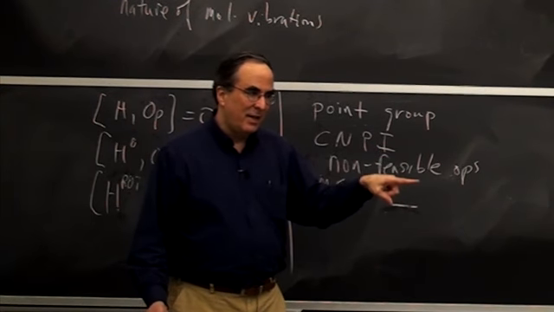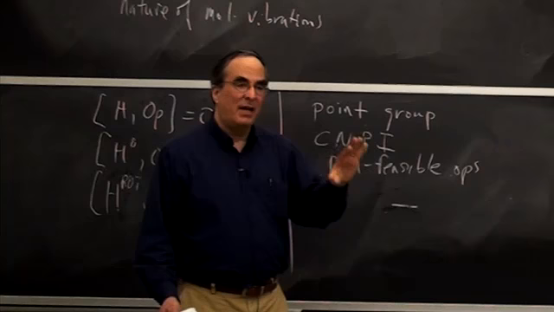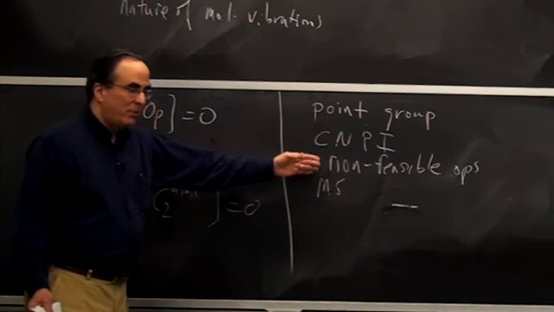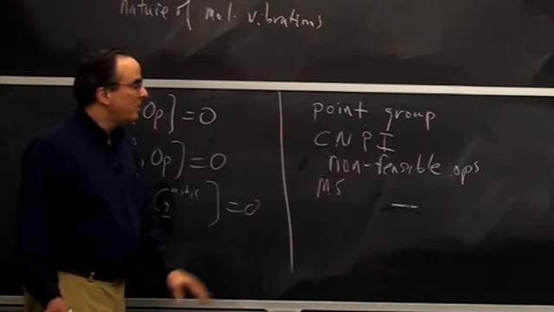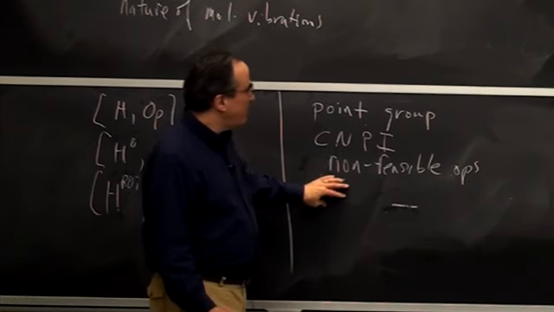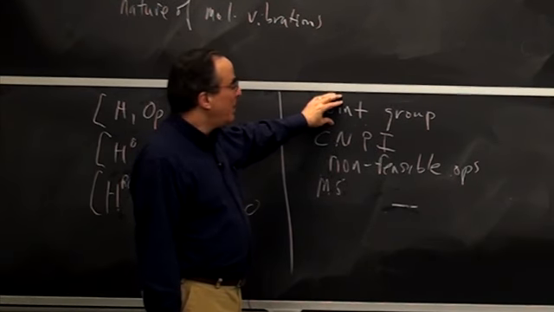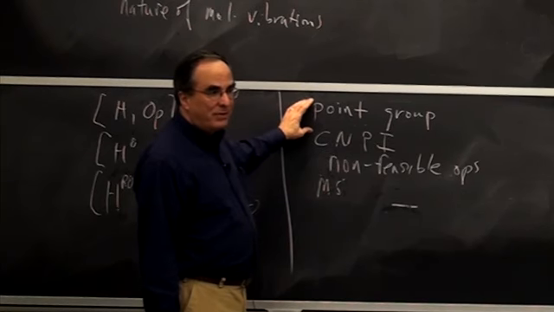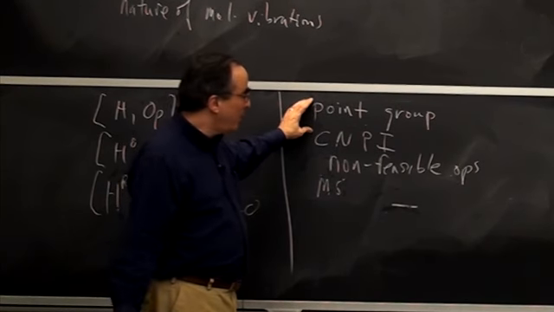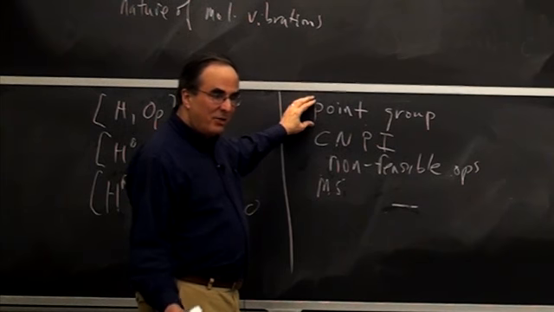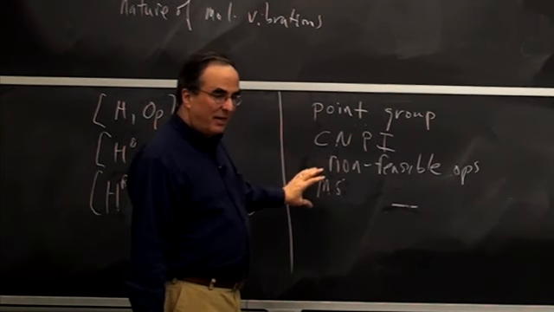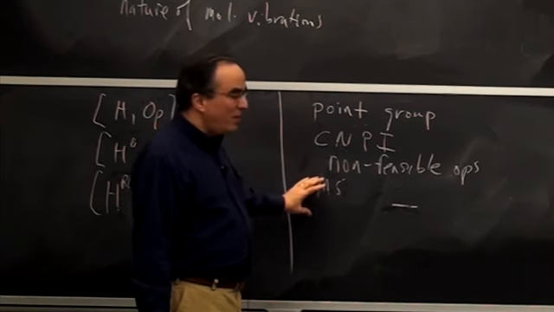And you can get away with that until that non-feasible operation becomes relevant. So we have the molecular symmetry group, and that takes us back to the point group. And usually there are no surprises. If you started out with ordinary point group theory, you can classify your states quite well.